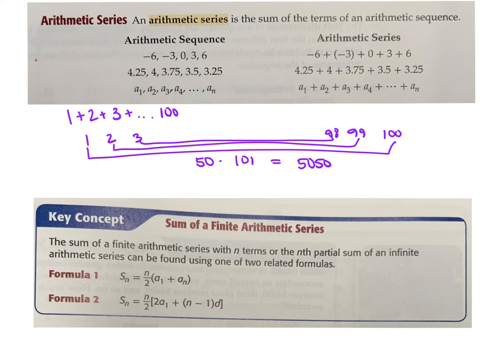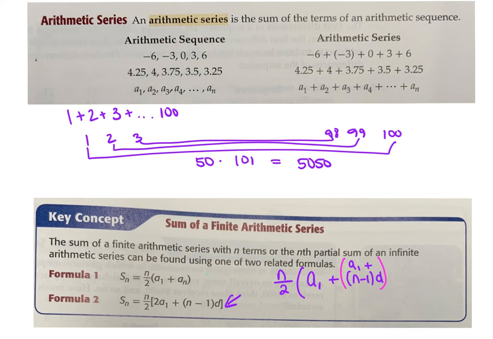I want you to pay attention to this second formula and where they come up with it. If you don't remember the second formula, it's perfectly fine. You can naturally get to it. The way they came up with this second formula is saying, well, n over 2, that's the number of terms divided by 2. My first term plus my last term. My last term is my first term plus n minus 1 times d.